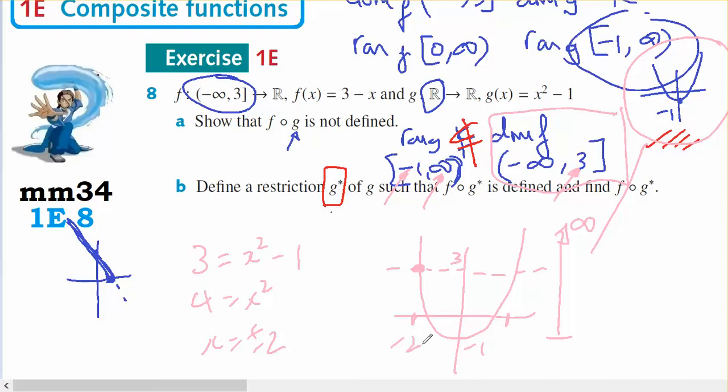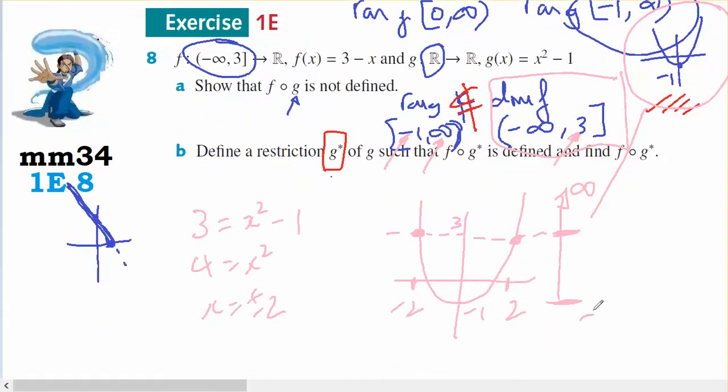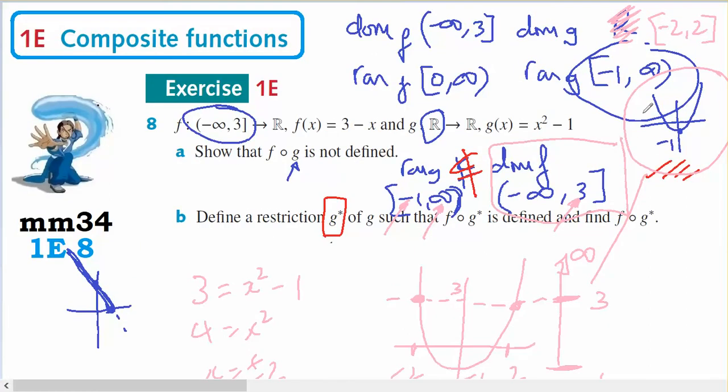So if I went from -2 to 2 on G, so if I come back up here, and instead of having a range of R, I go -2 to 2, then the range of this will go from here to here. It will go from -1 up to 3. And then -1 to 3 would fit inside the domain, so then it would work.